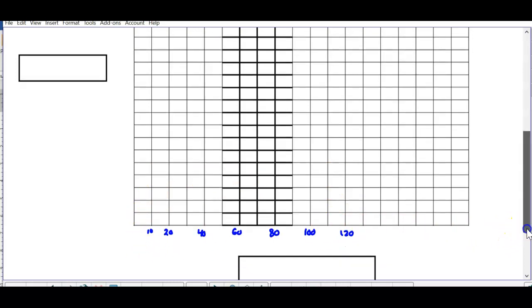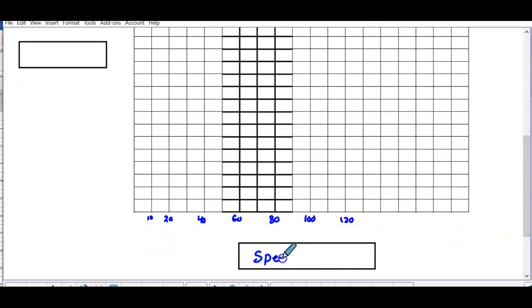So we don't have enough to go every 5 or whatever. We could go every 10. Or if your writing's big, go every second one: 20, 40, 60, 80, 100, 120. Because if we went 5, we would run out of space. We wouldn't get to 120. Okay, so this is your speed, and that's in kilometers per hour.